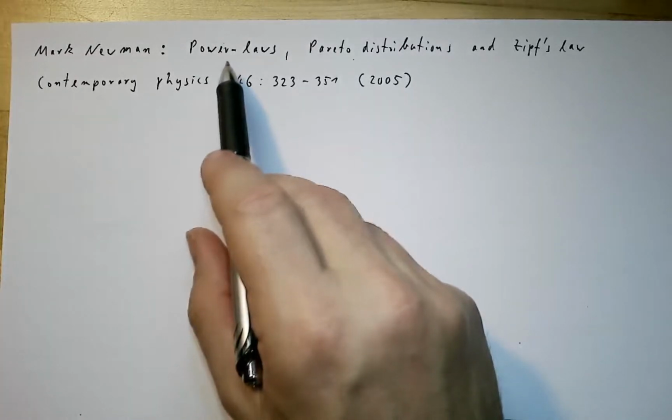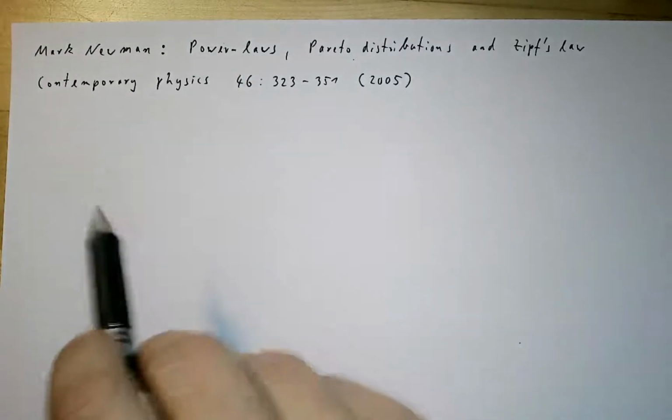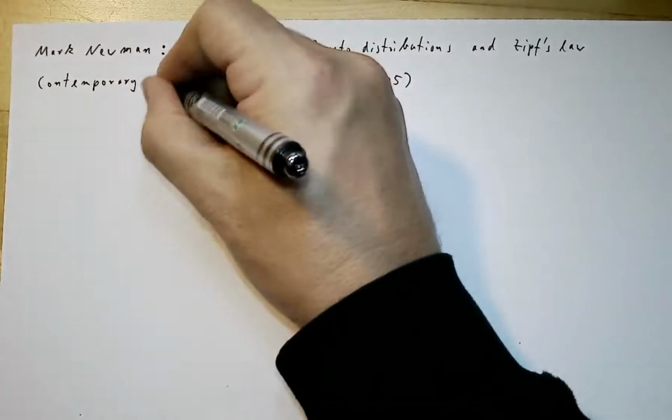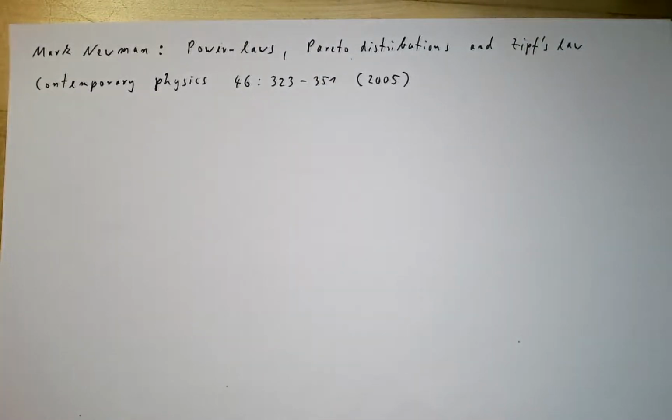So I think I will put this review in the StudIP so that you, if you want, can have a look at this. A lot of the stuff that I was showing here in the lecture about power law distributions you find in this excellent review by Newman.